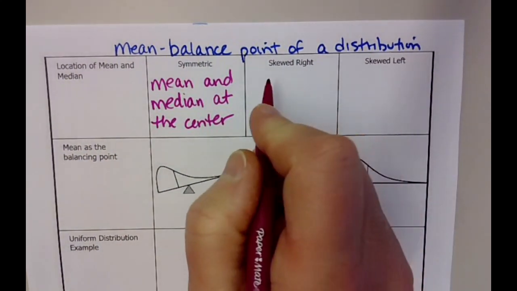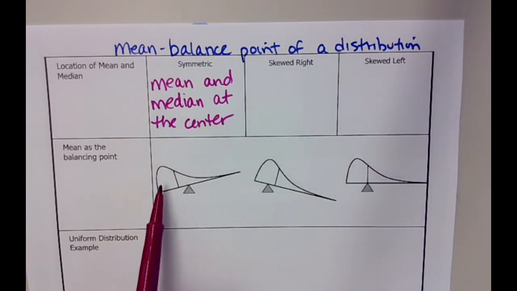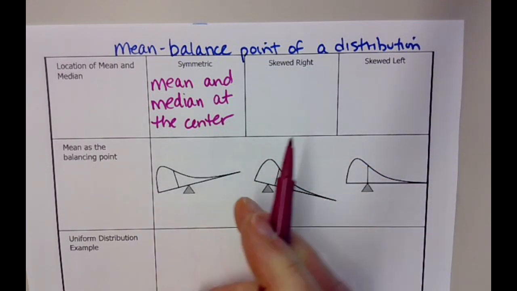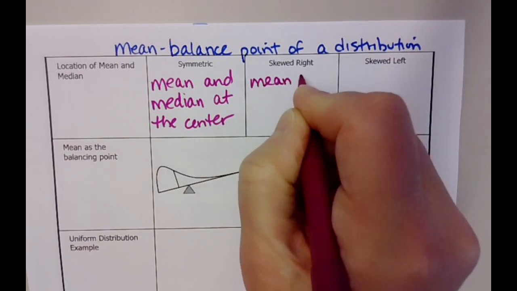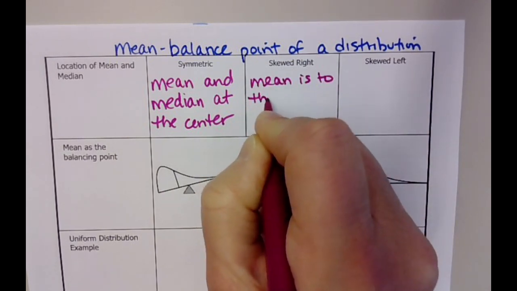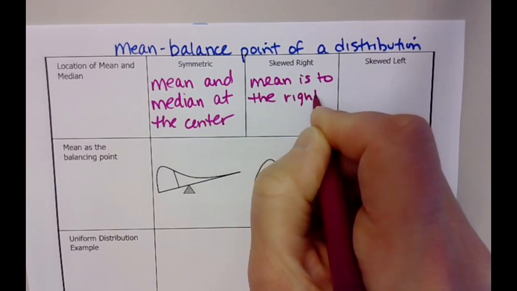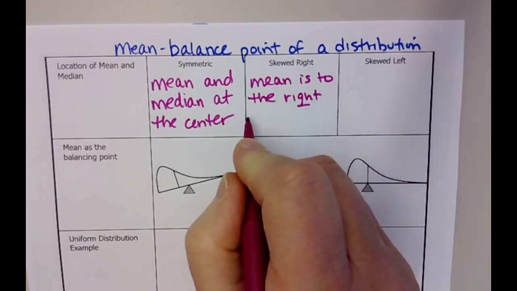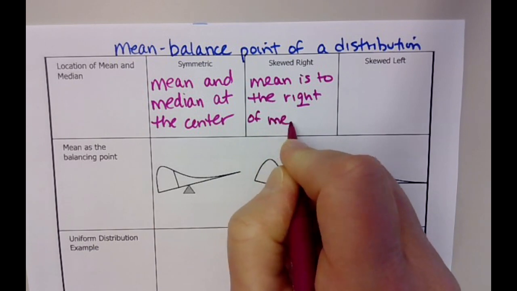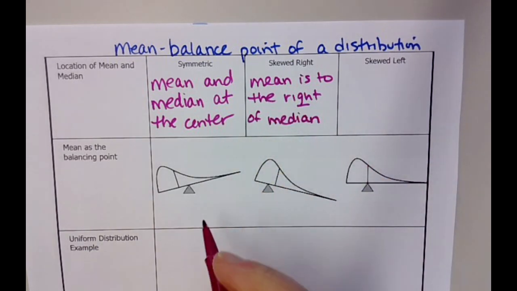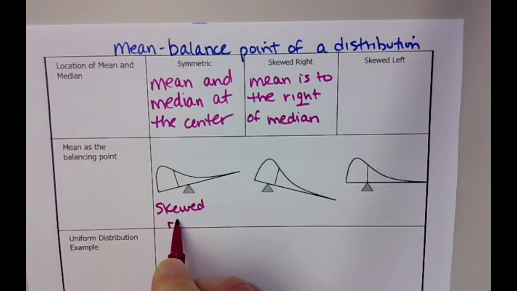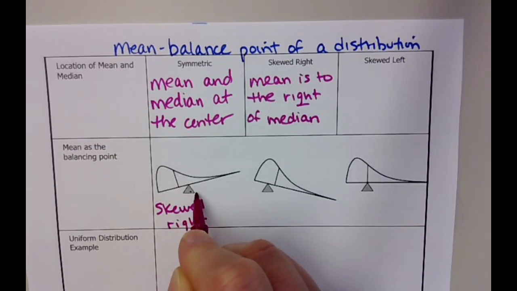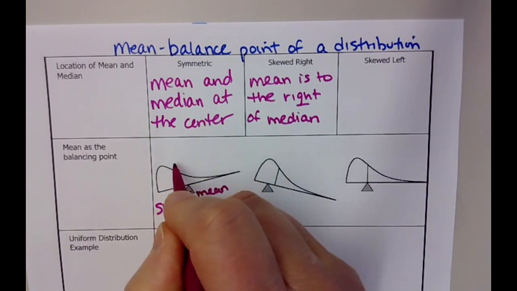When a curve is skewed right, remember skewed right means it's going to look like this here, the mean is to the right of the median. And you can see here, this is skewed right. Here's the mean, and this would be the median.